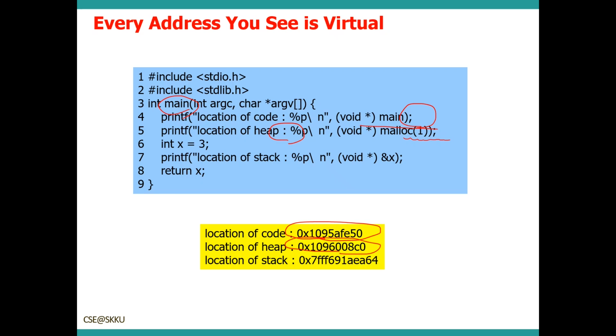Generally, a local variable is allocated in stack memory. So if you allocate a local integer variable and print out its address, then you can check the stack memory address. But this address value is a virtual address. The program accesses this virtual address, but this is not the physical memory address.